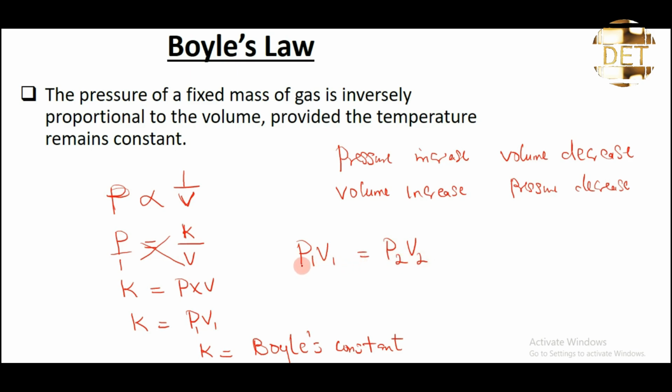That is, if the pressure is at a particular level and the volume is at a particular level, what will be the pressure if the volume is increased? This is the equation we would use when we are comparing the same fixed mass of gas, when the volume or the pressure is changed. We're going to look at examples to illustrate this.